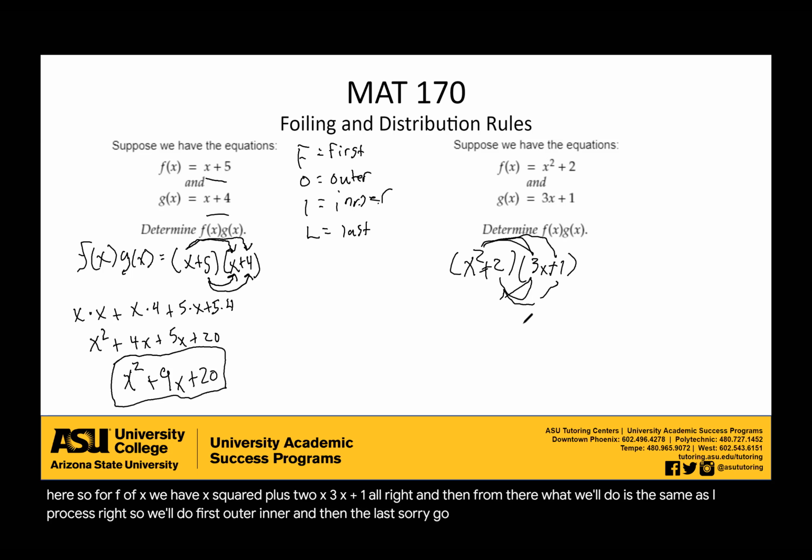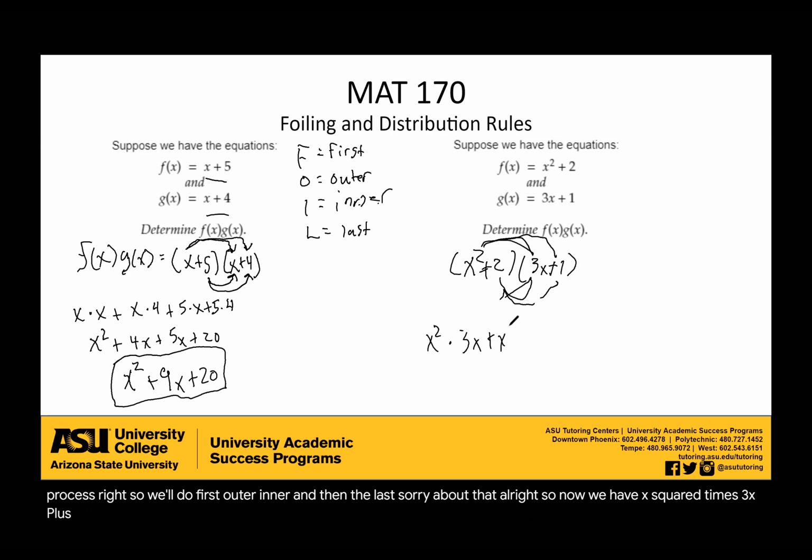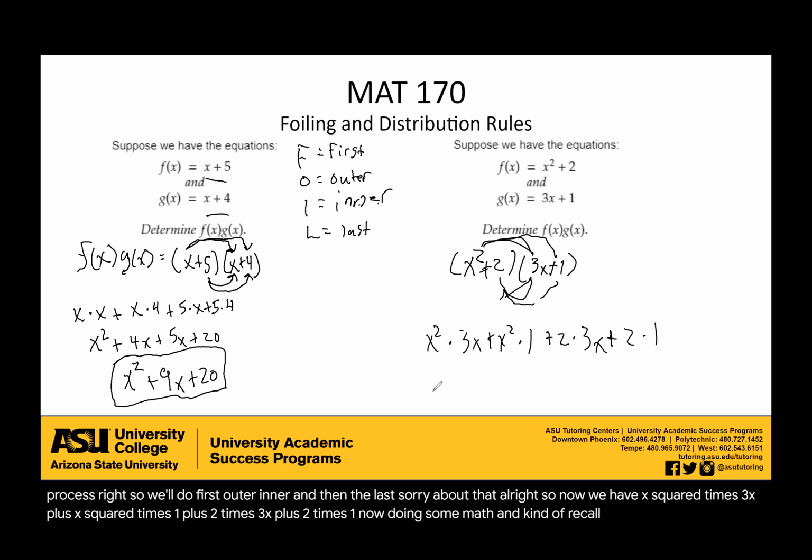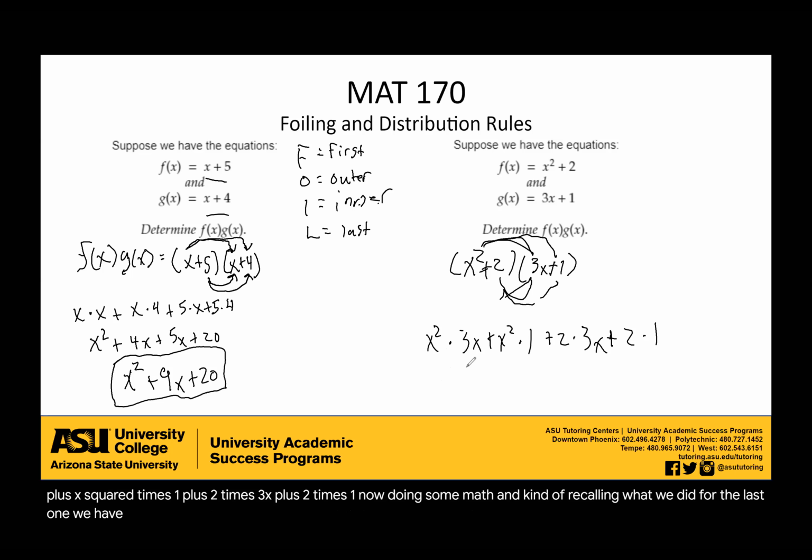So now we have x squared times 3x plus x squared times 1 plus 2 times 3x plus 2 times 1. Now, recalling what we did for the last one, we have x squared times 3x, so we want to add the powers of the variables together. We'll have x cubed here, 2 plus 1, and then we'll keep the 3.